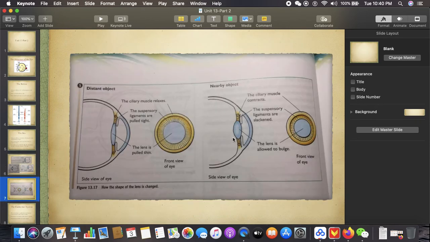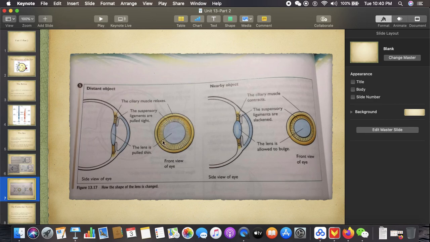Now, here's a picture of how the shape of the lens is actually changed. You can see that this part is called the ciliary muscle that holds the lens in place.